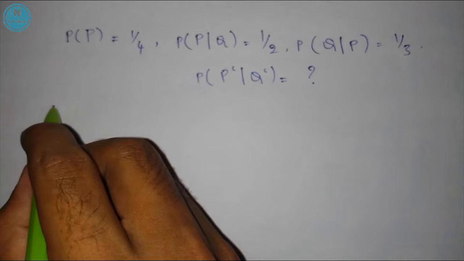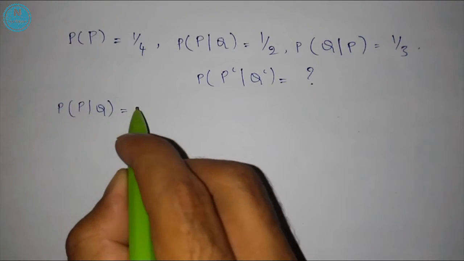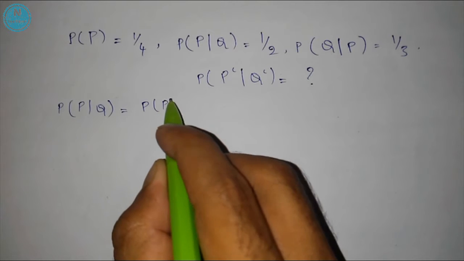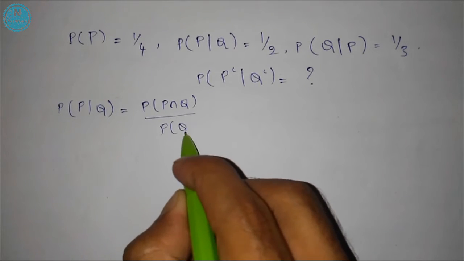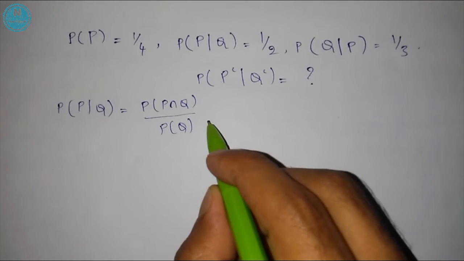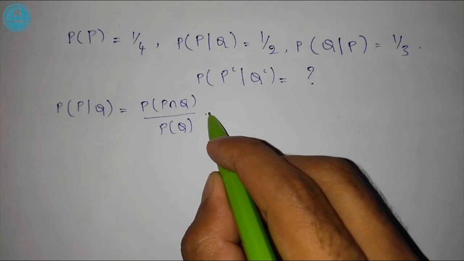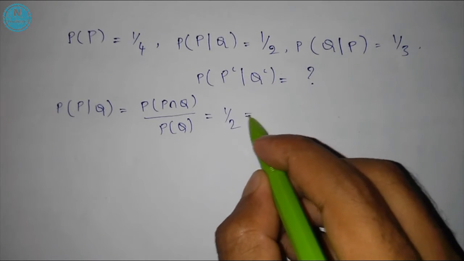So first, P by Q is equal to probability of P intersection Q by P of Q. It is 1 by 2.